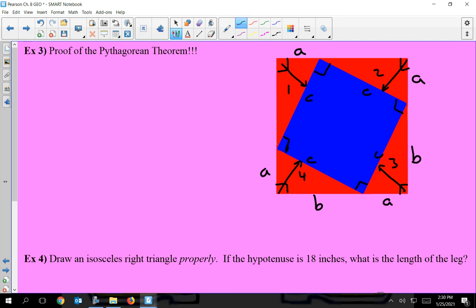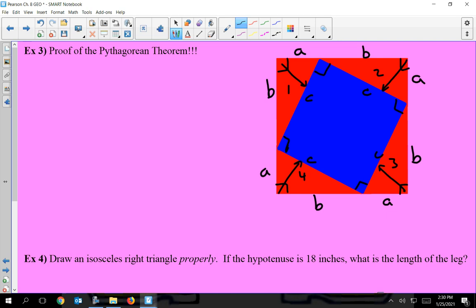So we'll go around and do that. Okay, so hopefully you understood that. The blue square is really dividing the red square up into right triangles, kind of like at the corners, okay? So now what they want me to do is prove the Pythagorean theorem, okay?